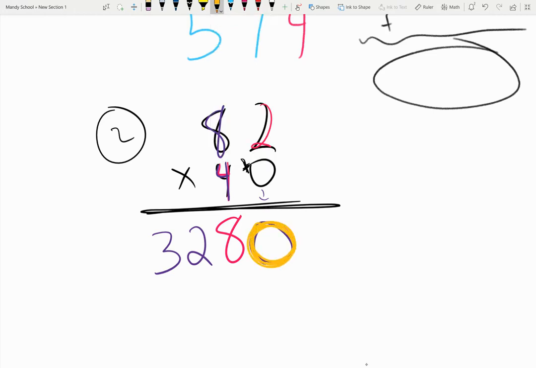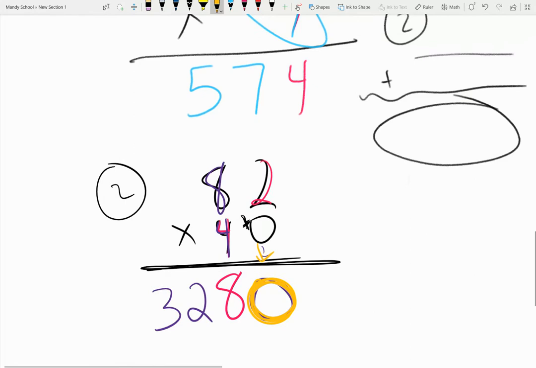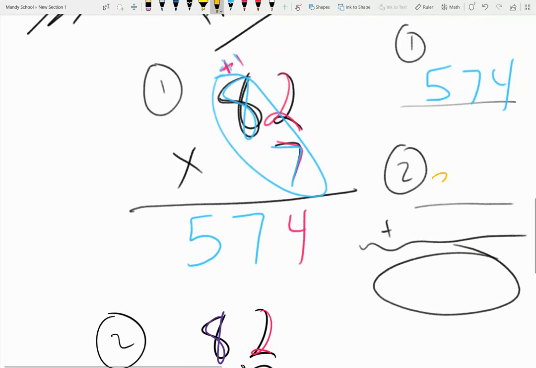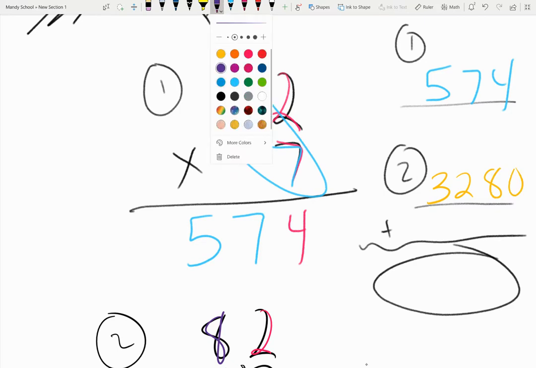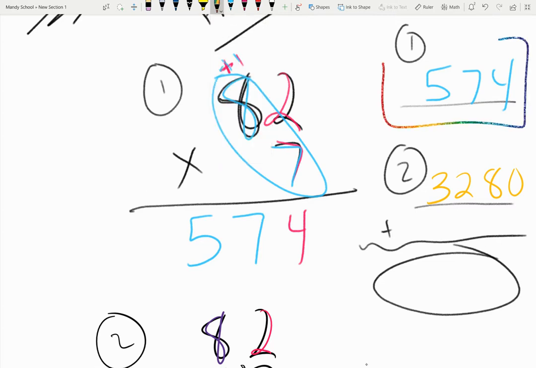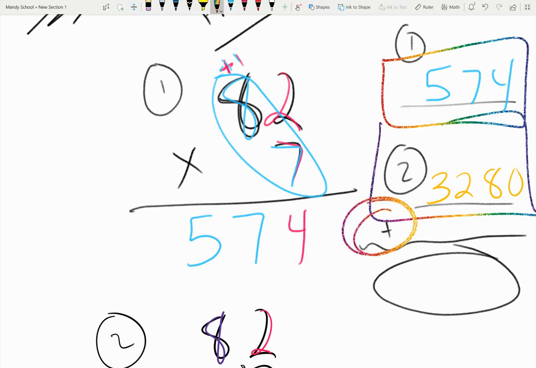Perfect. Okay, so then we're going to add this yellow at the end. So our second answer to our partial product will be 3,280. So I'm going to take this partial product and this partial product, and I'm going to add them together.